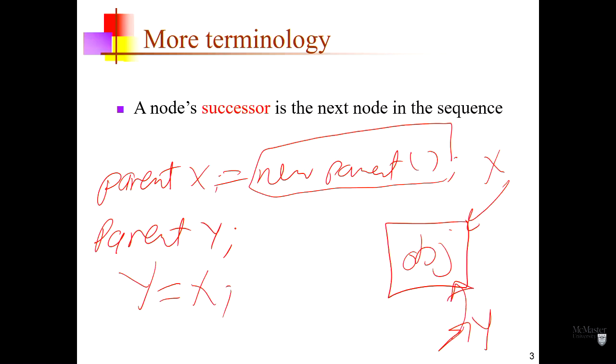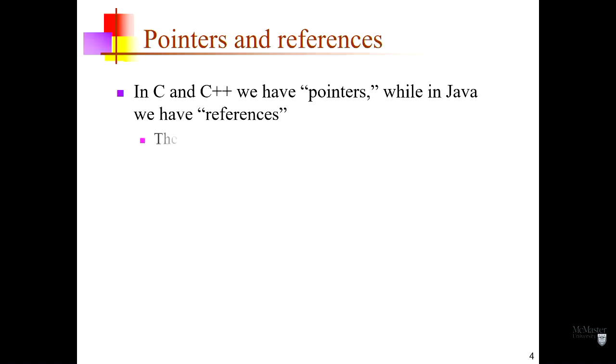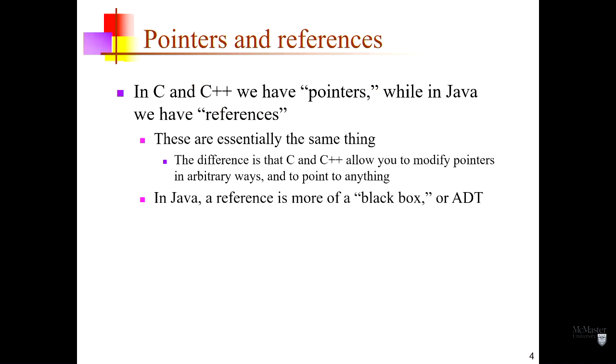So you can think of a reference in Java as the variable name or the instance of a certain class, right? You say the class name and then you create a certain variable of this class. This is your reference that is equivalent to a pointer in C. Is that clear? Good? So in C and C++ we have pointers, and in Java you have the reference, which doesn't give you this fine-grained control.